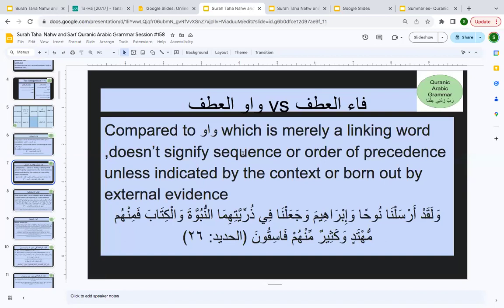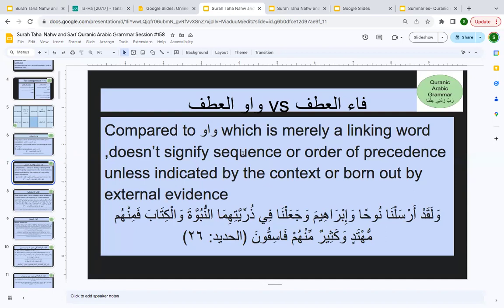Let me tell you, some people do say that when waw is used as an atf between two words, as we have used fa and summa, and if we put waw at the same place, it means that both came at the same time. But according to more authentic resources, it seems like waw does not do that. It just links words together. It does not give you the sequence of who came first, who came second. Okay? Is this clear to all of you?